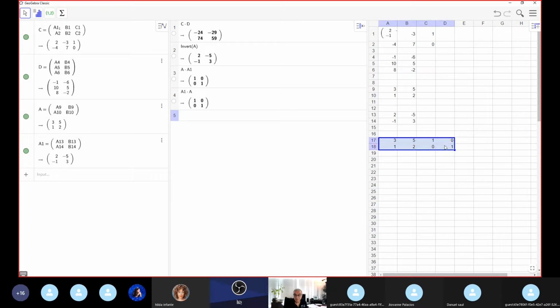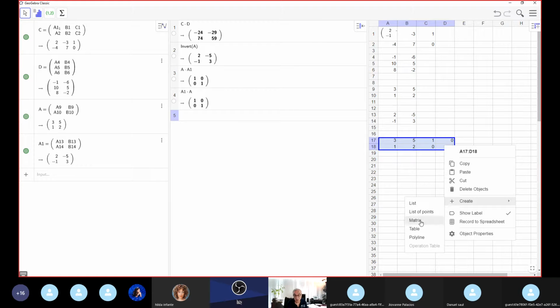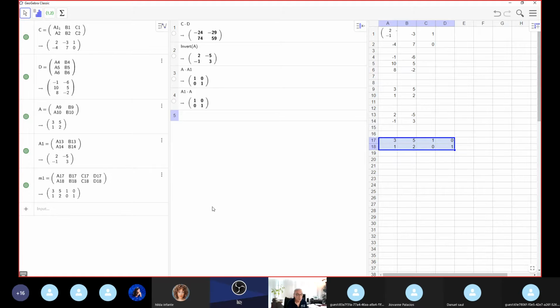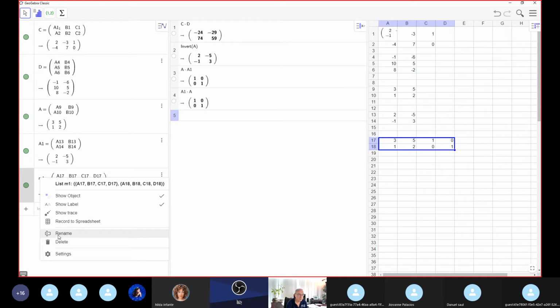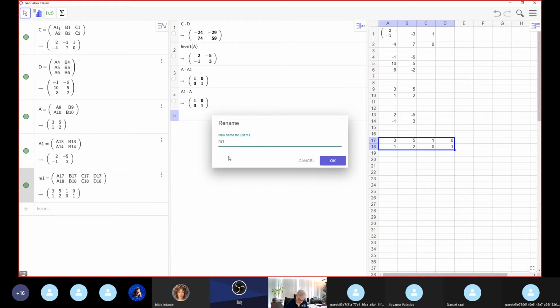Select this. Create a matrix. In this case, not square, it's rectangular. This I call the augmented matrix. Rename. Let me call it AU.